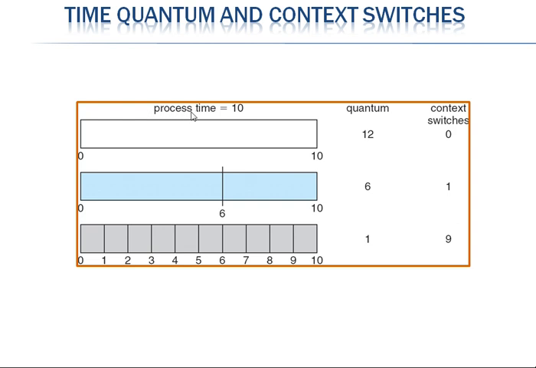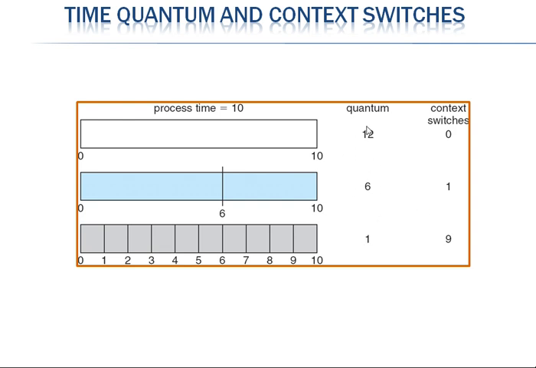Here, if you have a process time of 10 and the time quantum is 12, that means the process's execution time is 10 milliseconds and the time quantum is 12, so there will be zero context switches. If the process time is 10 but the time quantum you have selected is 6 milliseconds, there will be one context switch.